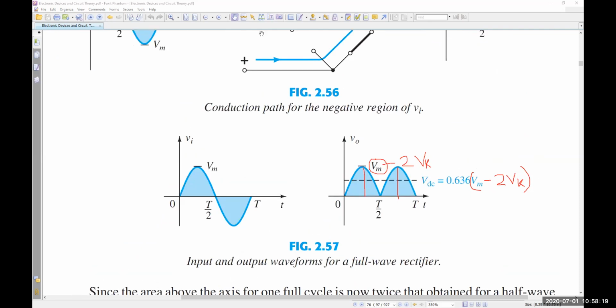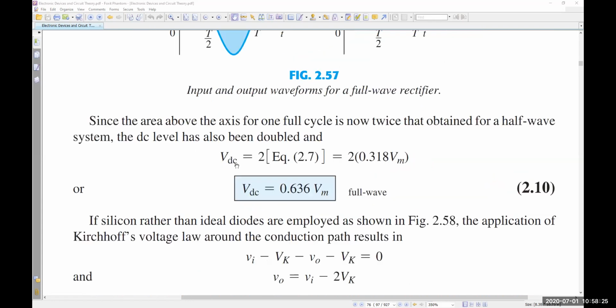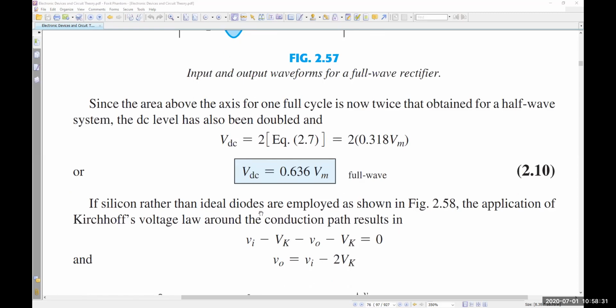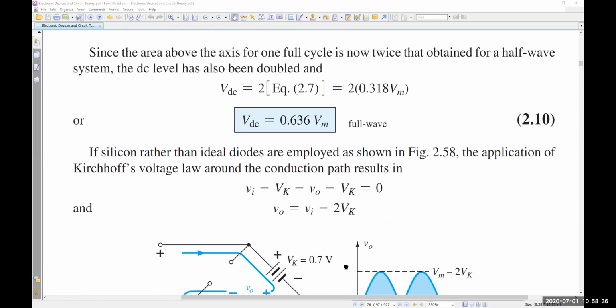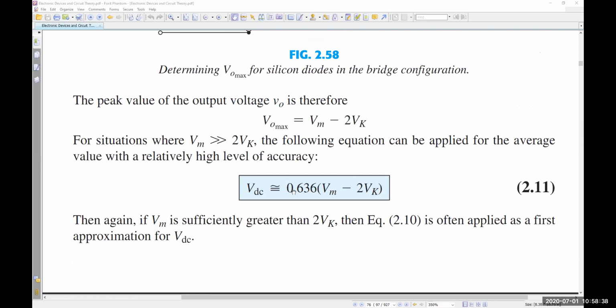Now let's delete everything. So this is your formula. VDC is equal to 0.636 Vm. Now if we use a silicon diode rather than the ideal diode, you have to remember Vi minus 2 Vk. That means your formula will be 0.636 Vm minus 2 Vk. That is your formula if you use a silicon diode. If you use a germanium diode, again 2 Vk.